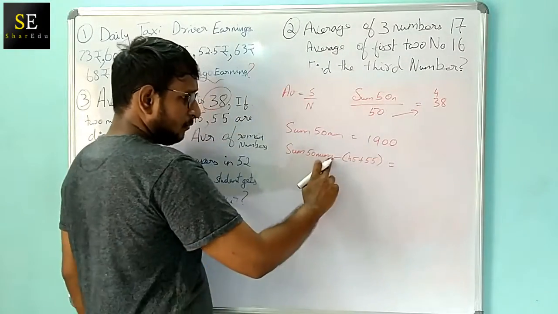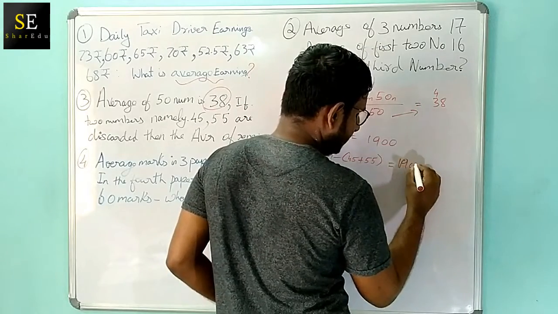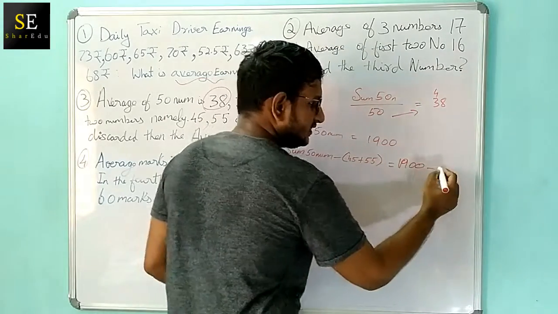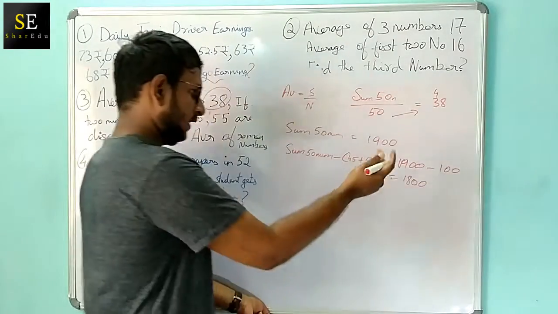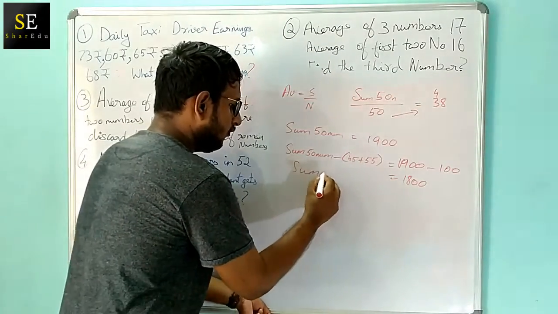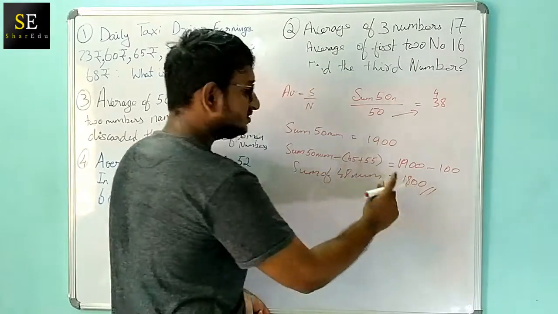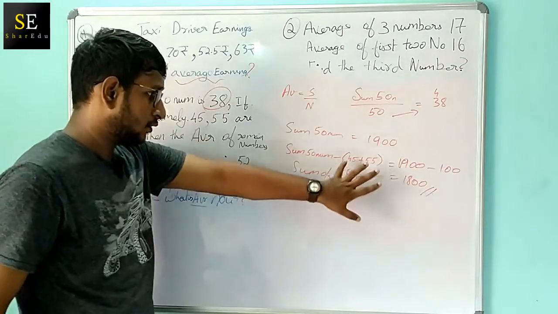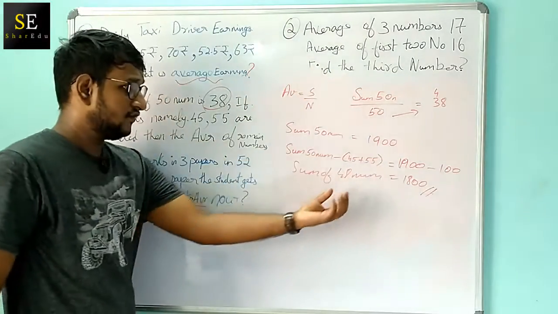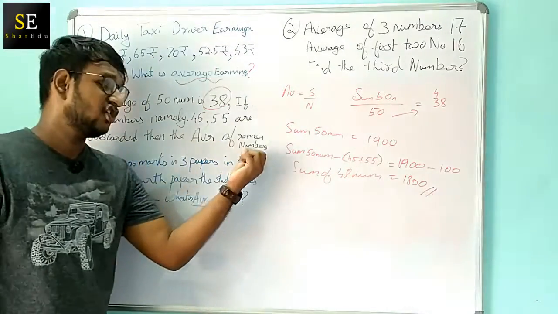The sum of 50 numbers is 1900, and 45 plus 55 is 100. So the sum of the remaining numbers, that is the sum of 48 numbers, is 1800. We found the sum of 48 numbers because we are removing two numbers from 50 numbers, so we are getting 48 numbers. Now what they are asking is to find the average of the remaining numbers.